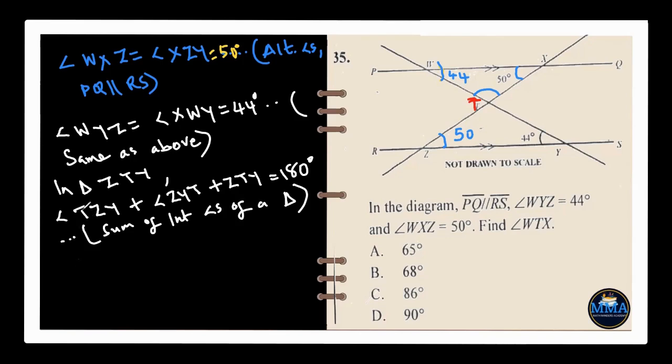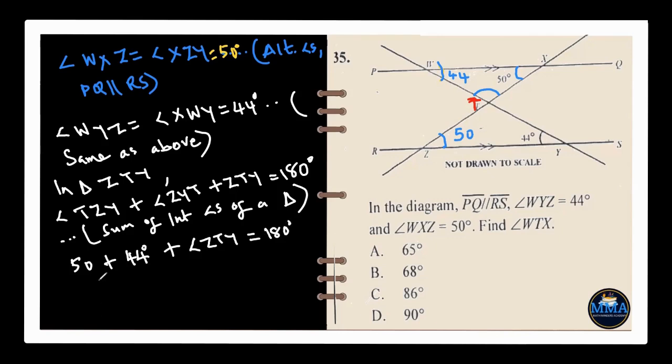So now angle TZY is 50. So we have 50 plus angle ZYT, angle ZYT is 44 degrees, plus angle ZTY, which is not known, equals 180 degrees.